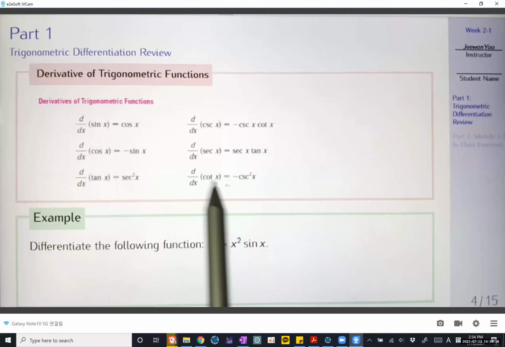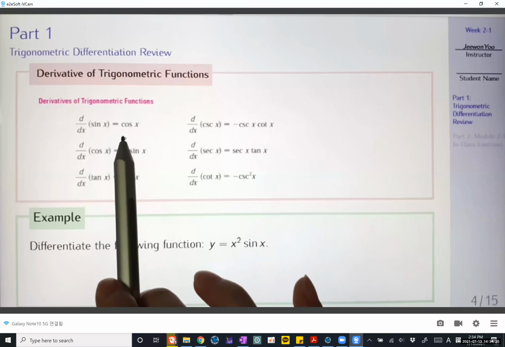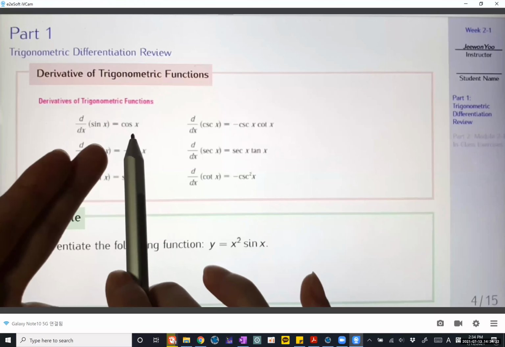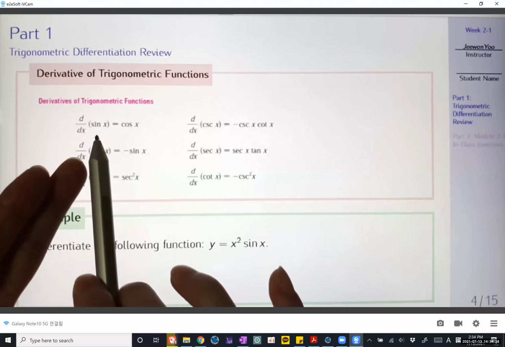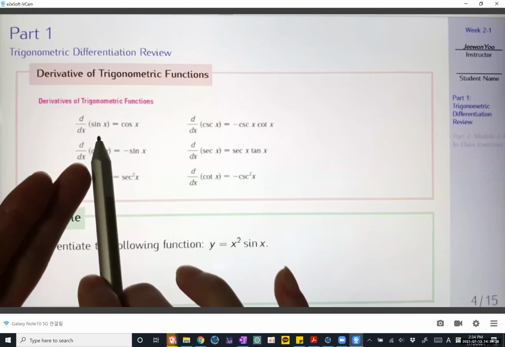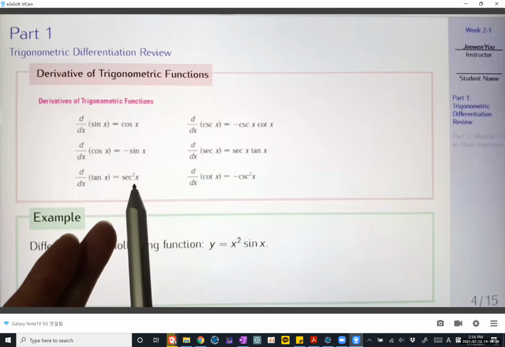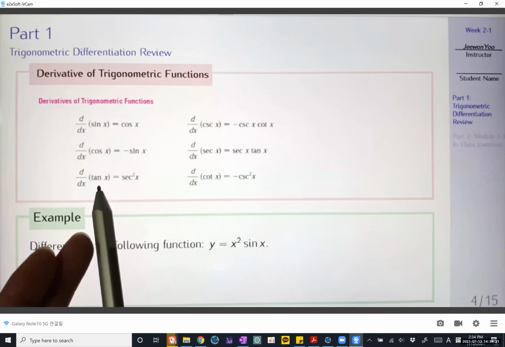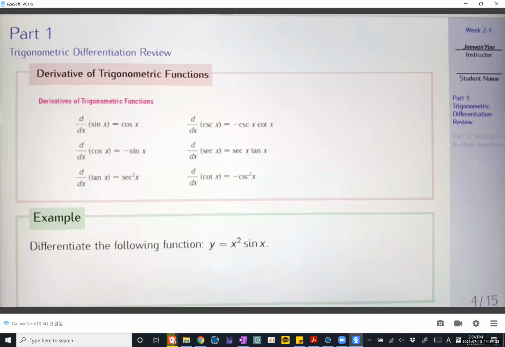So everyone, whenever I say, what is the integral of cosine x? Whenever we say integral, you go back. It's sine x plus c. Whenever we say integral of secant squared, you go back and it's tangent x plus c, and so on. So these are the primary 6 derivatives of trigonometric functions.